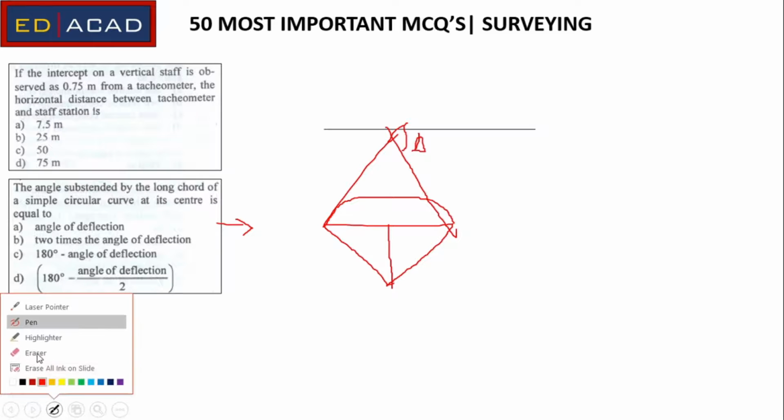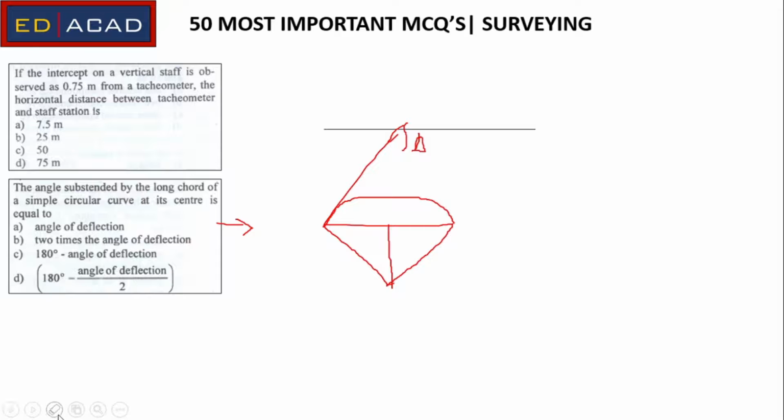Let me try to clear it a bit. This will be our radius, and this from here to here will be the length of the long chord, which we represent by capital L. And these two angles will be delta by 2.